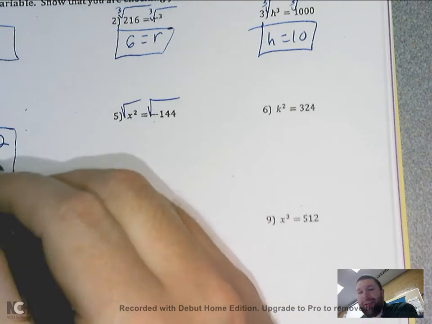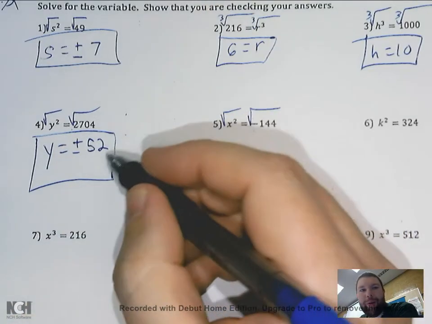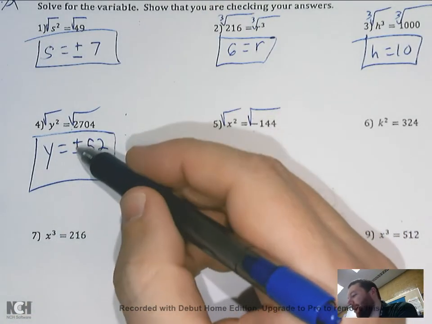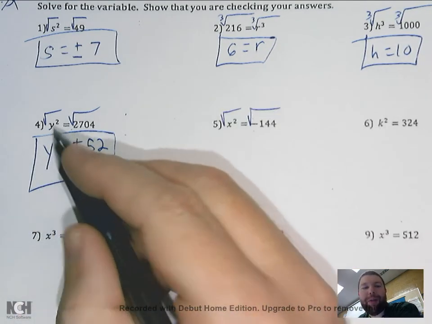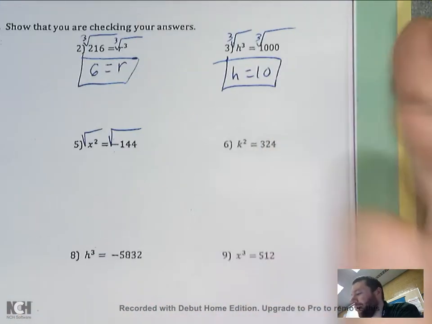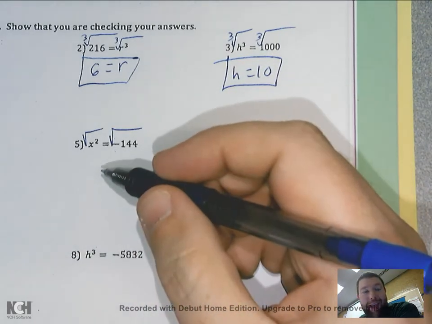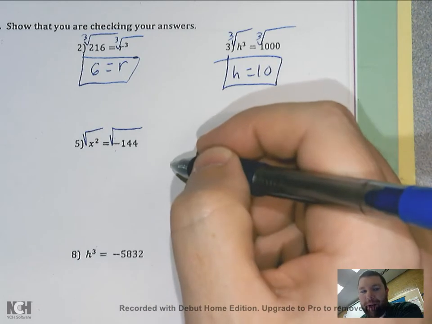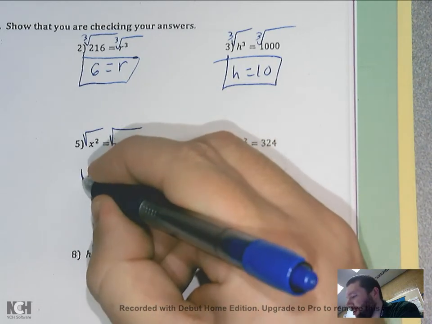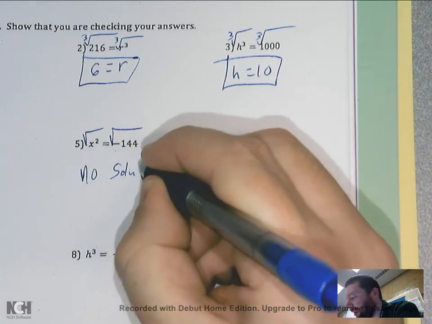That's why these are plus or minus: there could be a positive or a negative possibility, but an even root is always going to be positive. So this is just not possible. X squared cannot equal negative 144, so there is no solution here.